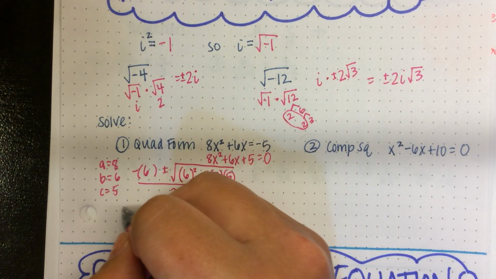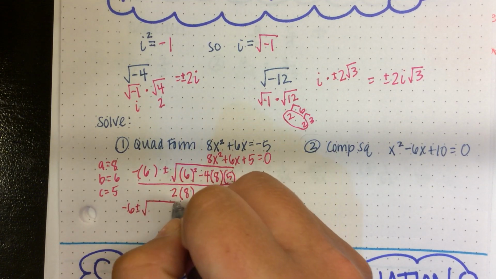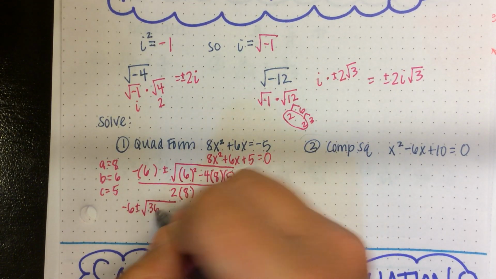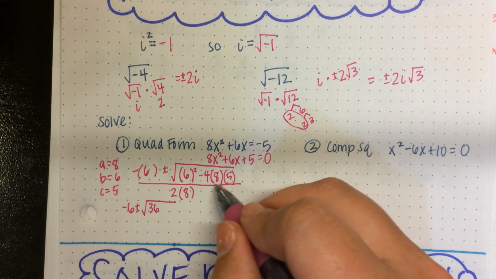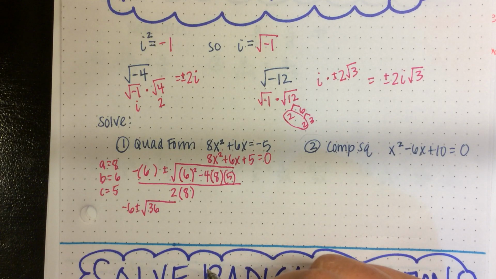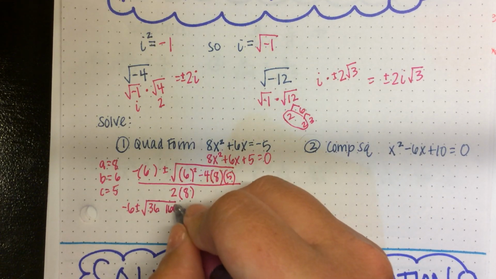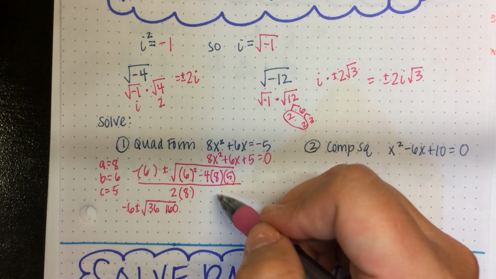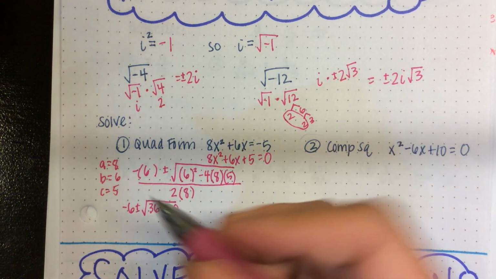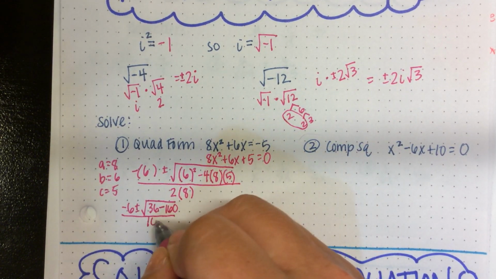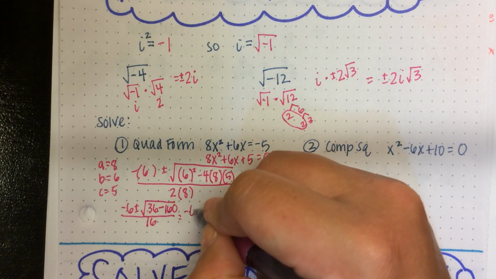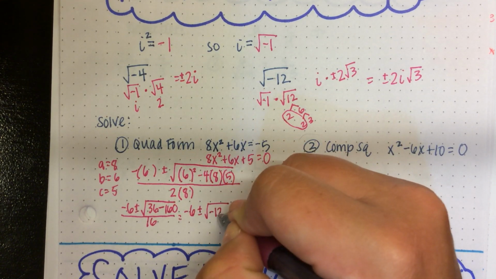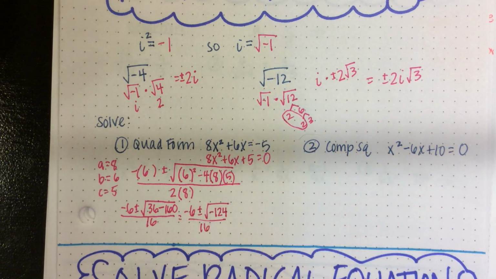So -6 is just -6 plus or minus the square root. 6 squared is 36. 4 times 8 is 32. 32 times 5 is going to be 160. And then I have one minus sign in there, so I have a negative. And then 2 times 8 is 16. 36 minus 160 is -124. So we get -6 plus or minus the square root of -124 over 16.